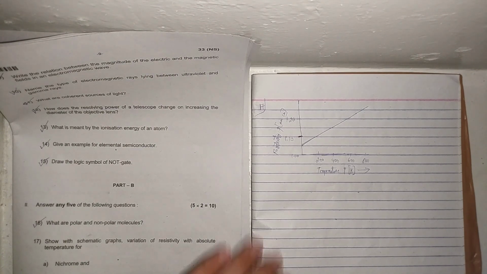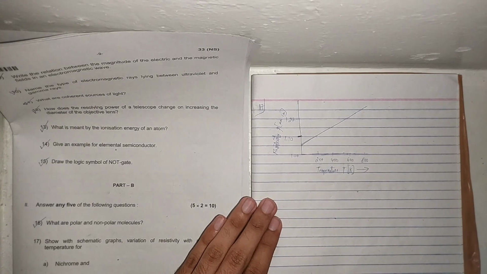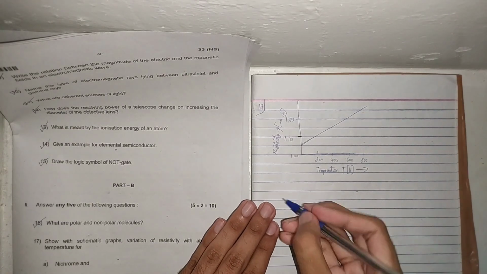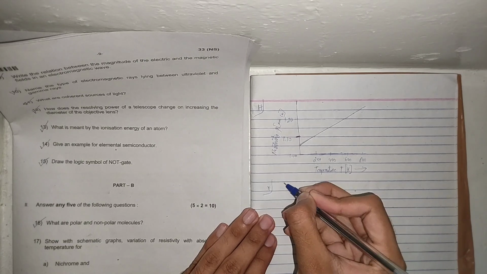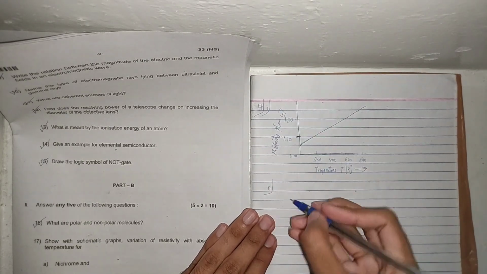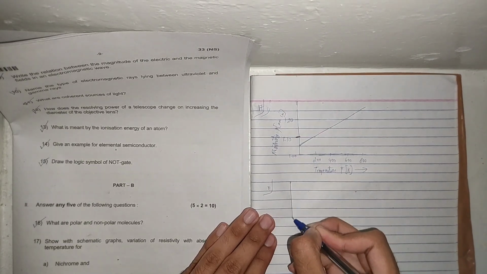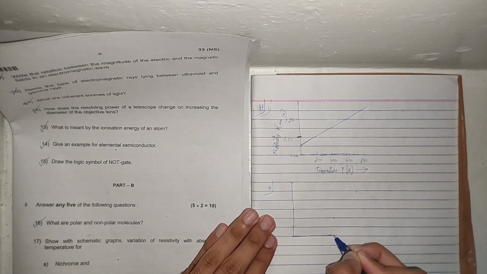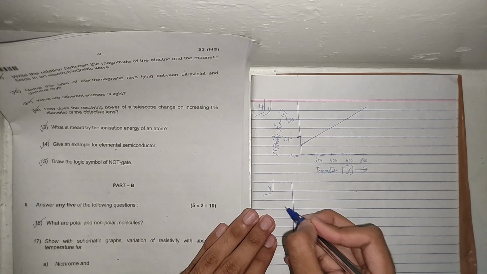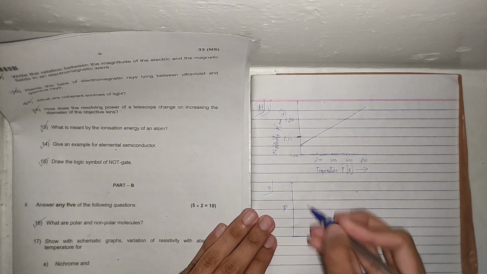Next let us make the second one that they have asked, that is for silicon. This is resistivity, this is temperature.